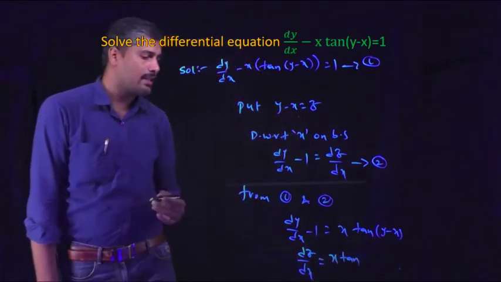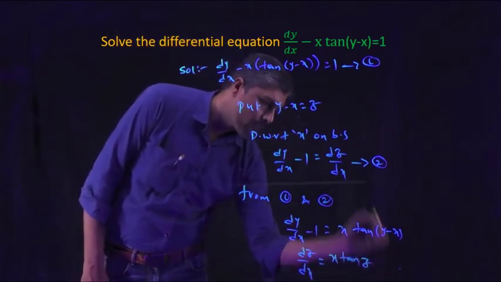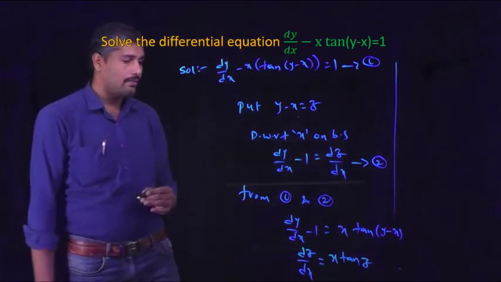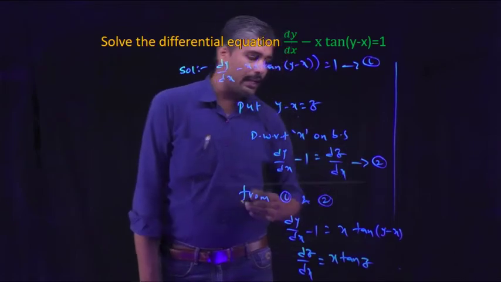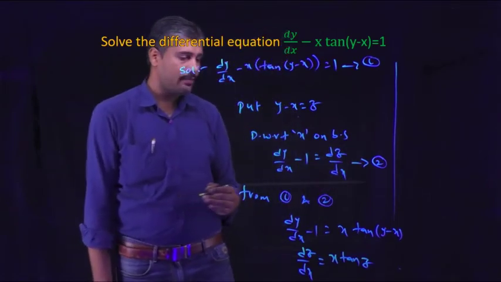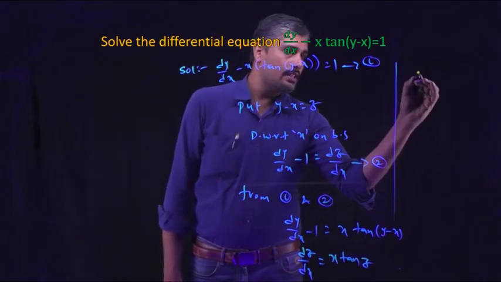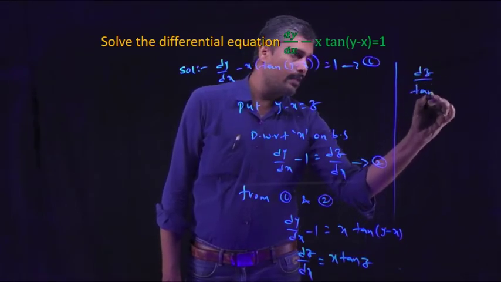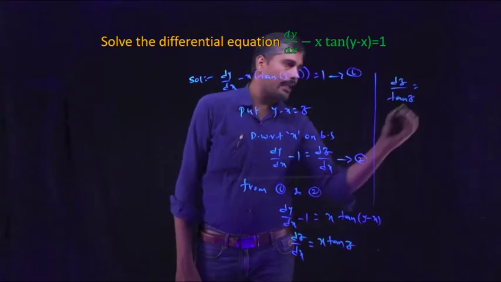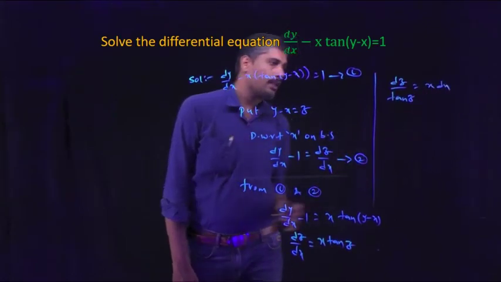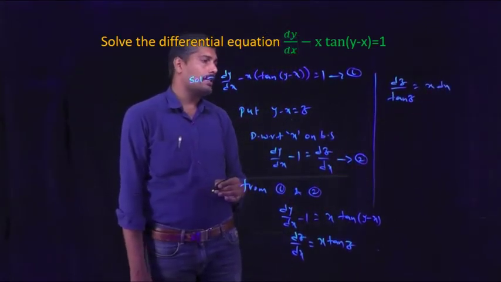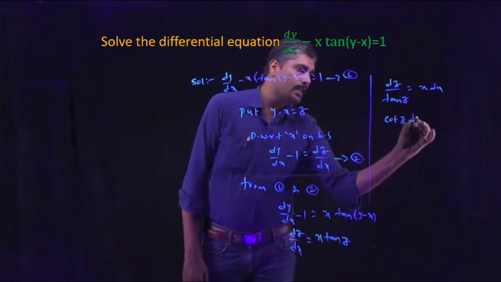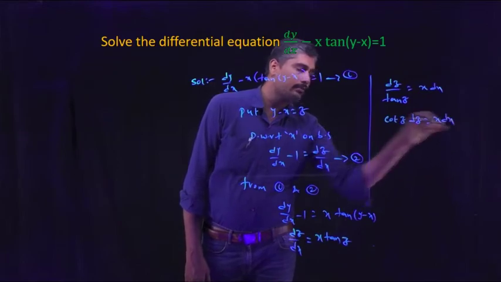Here y minus x equal to z. Therefore, separating x terms and z terms, then dz by tan z equal to x into dx. That is cot z into dz equal to x into dx.